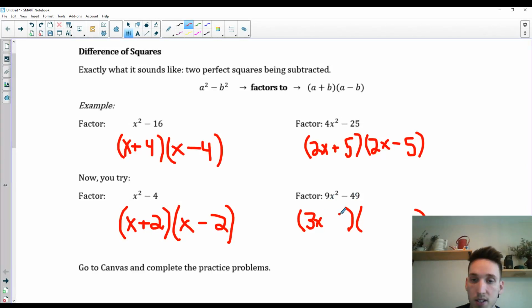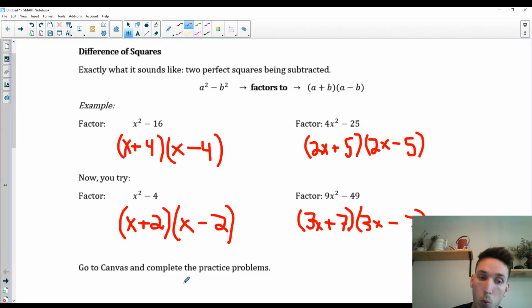Square root of 49 is 7, right? Weird looking 7. Let's give that another try. I know I'm going to need a 3x and a 7 for each. One of them has to be added, the other one has to be subtracted. Hey, if you got them both right, you're awesome. If not, you're still awesome. Maybe you just need a little more practice.